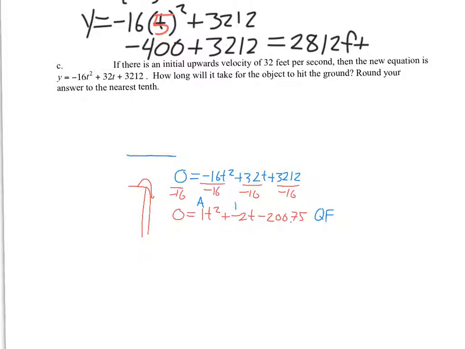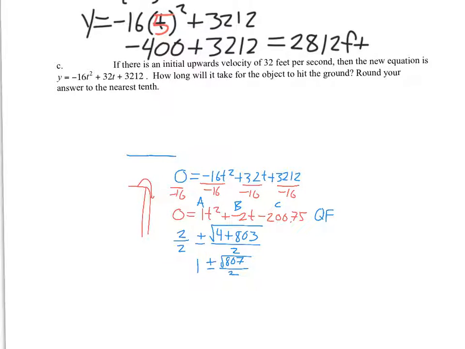And we have an a of 1, a b of negative 2, and a c of negative 200.75. So when we do that, we're going to have positive 2 over 2, plus or minus the square root of 2 squared, which is 4, plus 4 times this thing, which is going to be 803, and that's also divided by 2. So we get 1 plus or minus the square root of 807 over 2, also totally fine if you more or less leave it like this.